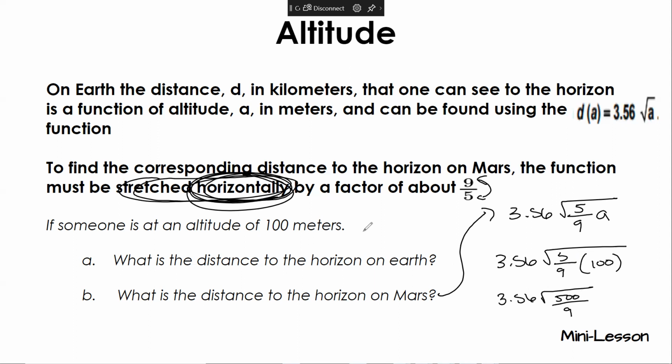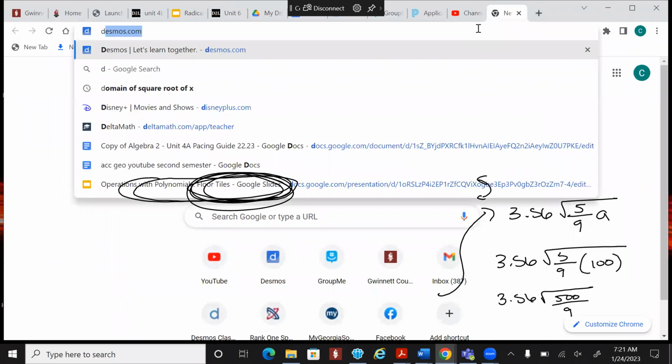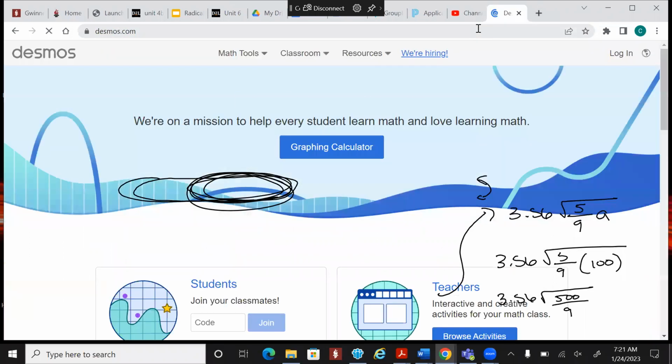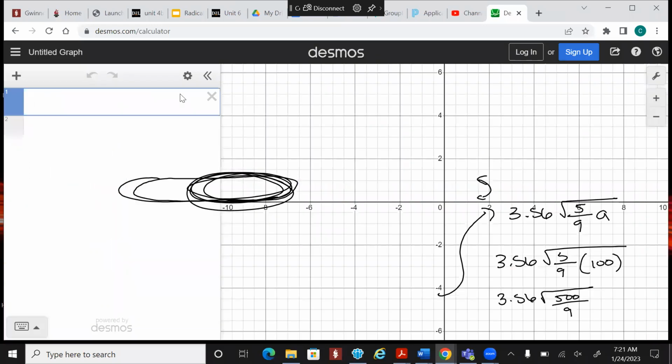And when we plug this into our Desmos graphing calculator, because I'm not doing that in my head, 3.56 square root of 500 divided by 9. That's going to give me 26.53.